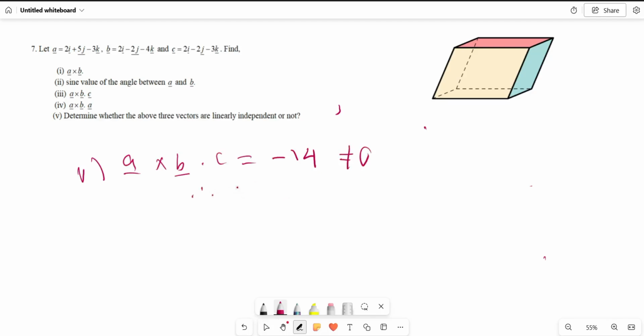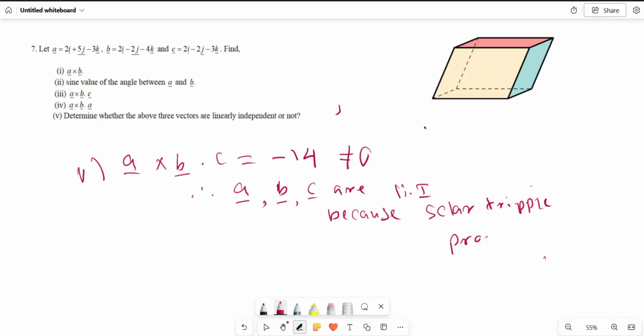Therefore, we can say vectors A, B and C are linearly independent, because the scalar triple product is non-zero.